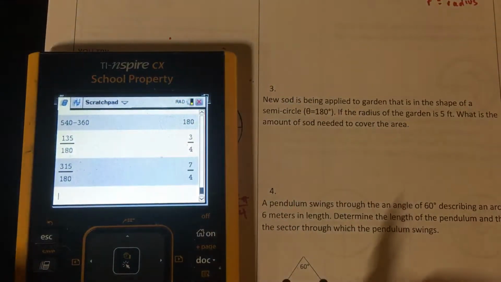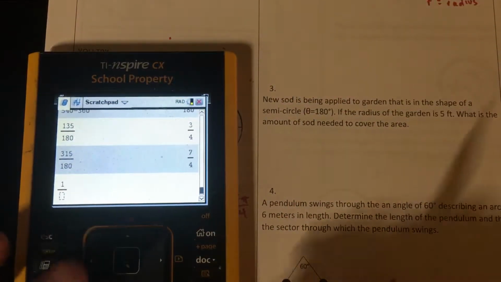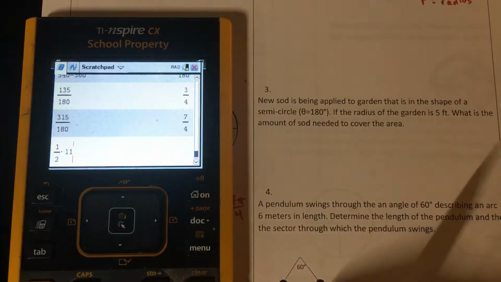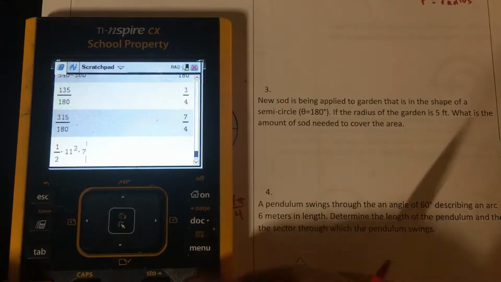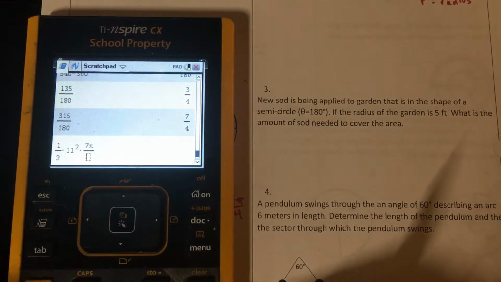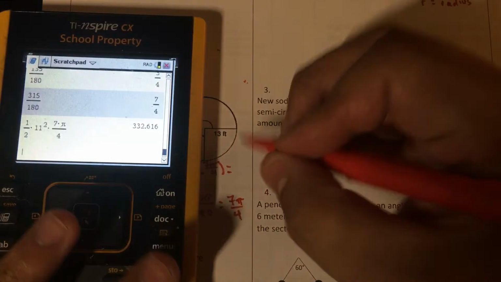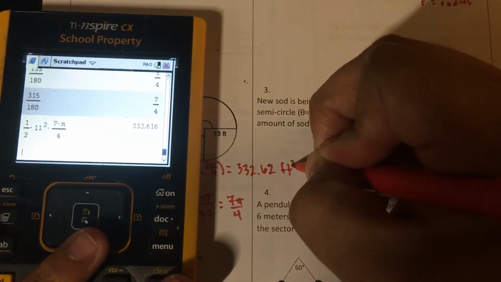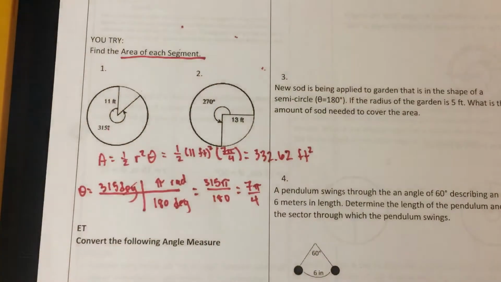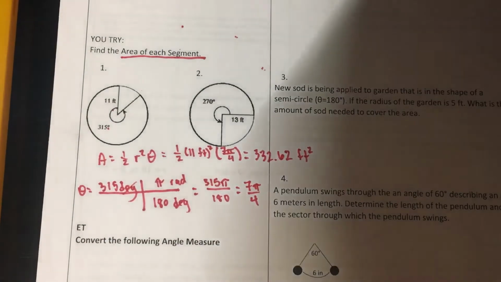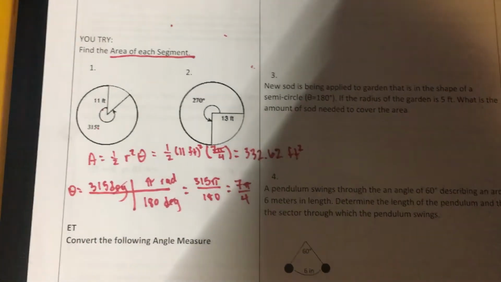So 1/2 multiplied by 11 squared times 7 pi over 4, which equals 332.62 feet squared. They will most likely ask you for the unit, because they'll put like two answer choices that are the same number, but you need to be on your unit.